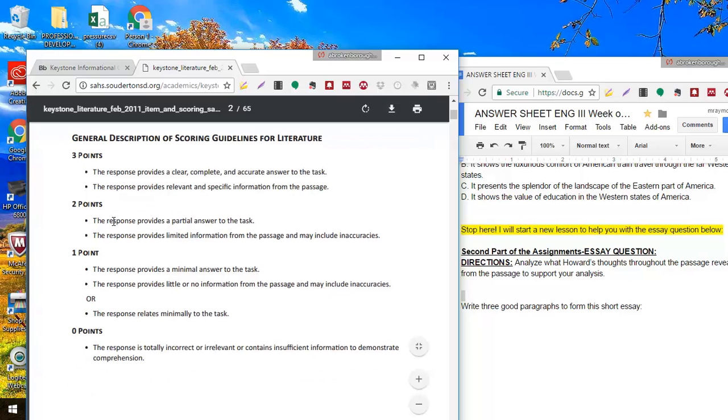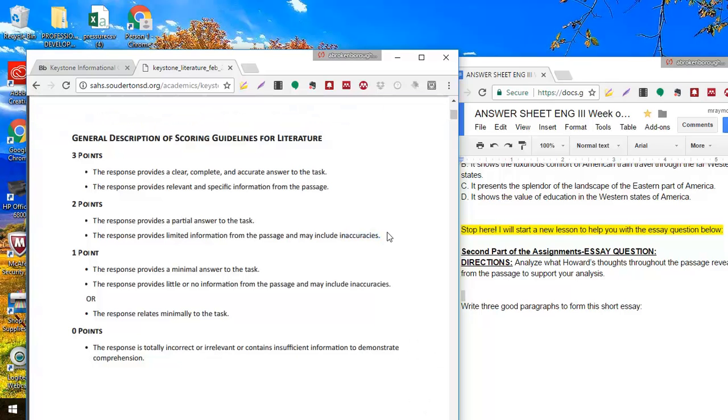For 2 points, the response provides a partial answer to the task. The response provides limited information from the passage and may include inaccuracies. In other words, if you are stating that Howard was such and such, you want to make sure you give an example that fully supports that he was such and such, not something completely opposite that doesn't support what you just stated about his personality.